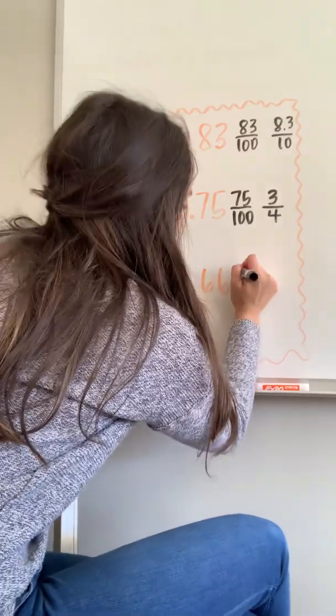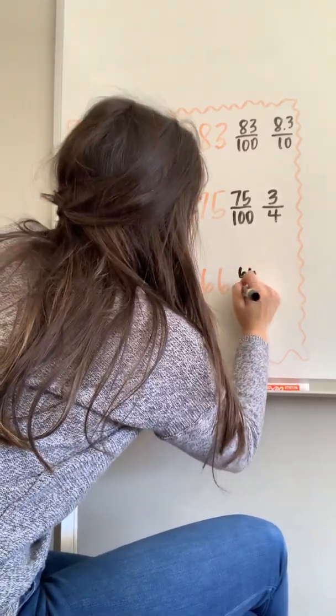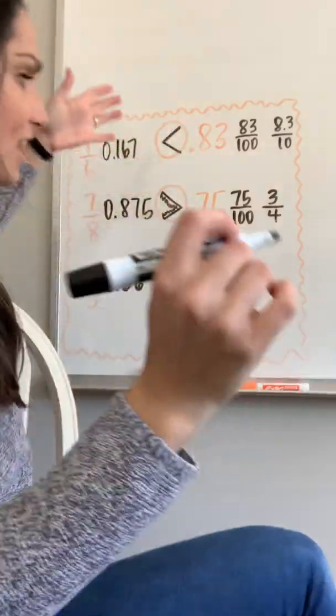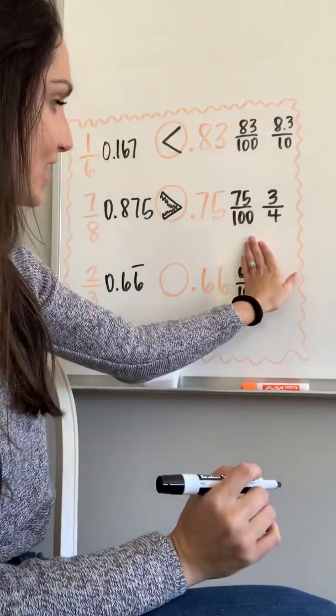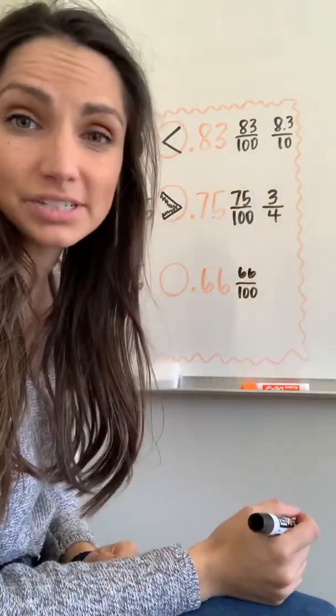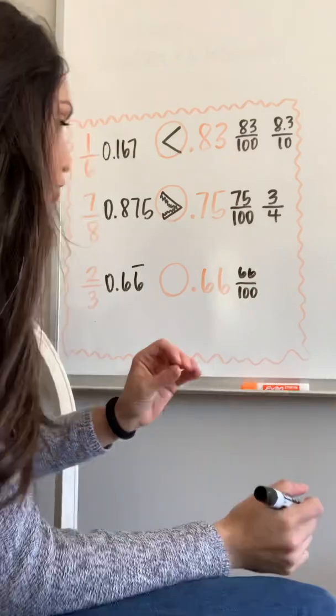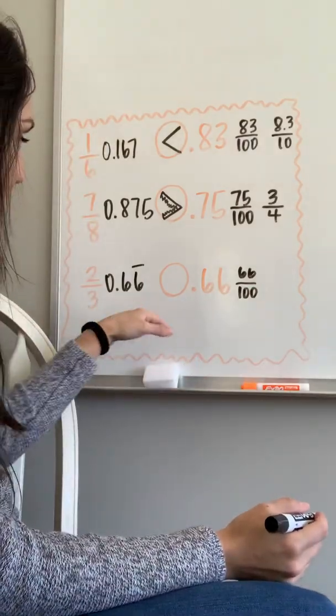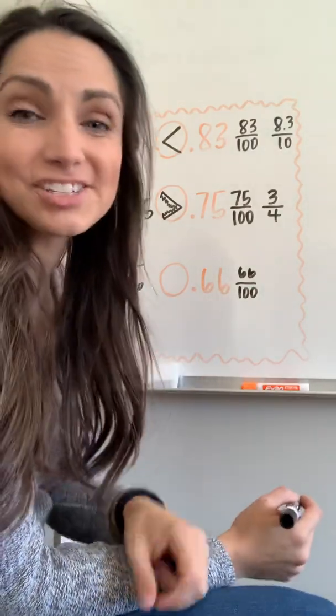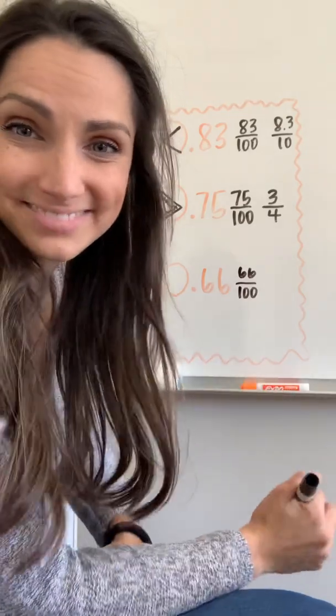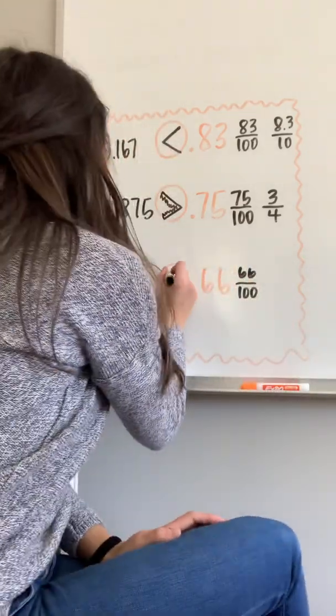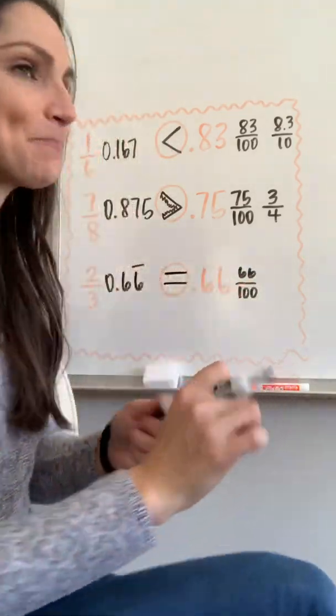So now I have 66 over 100. Ta-da! We can also simplify that again to be 6.6 over 10. We're just moving our values over. So we have 0.66 and 0.66: greater than, less than, or equal to? Equal to.